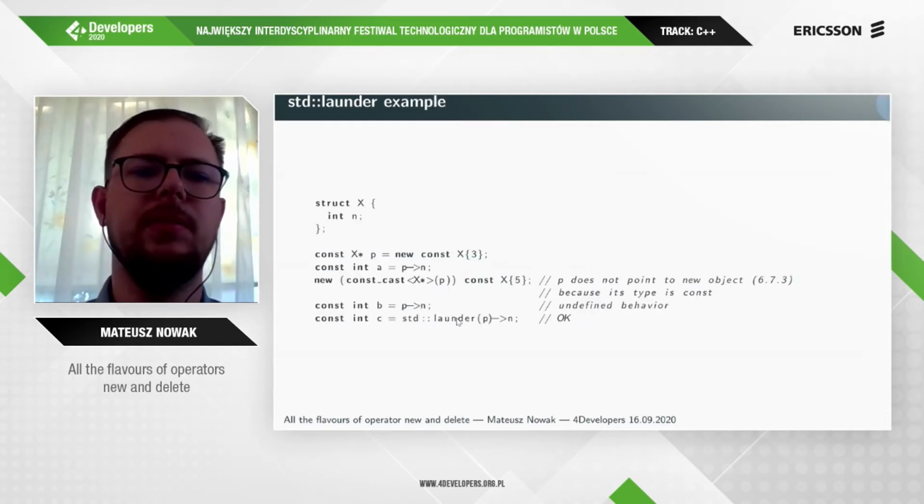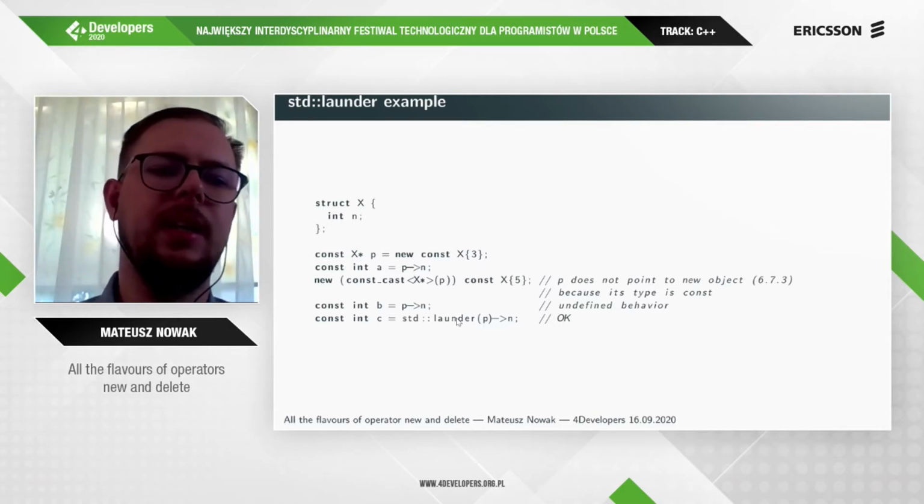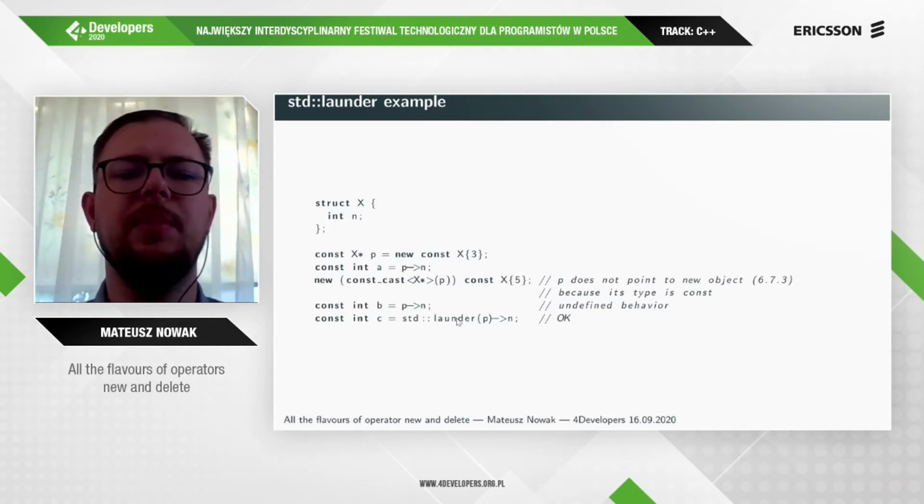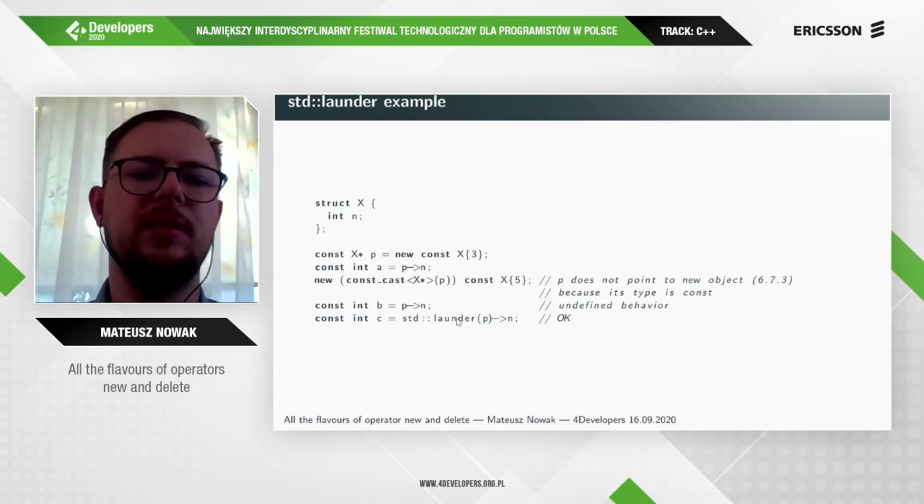When is it useful? If we have some class X and we construct and allocate it, we can easily, without any problems, access the member of the class and get the proper value. However, then we can do placement new in place of this p object.